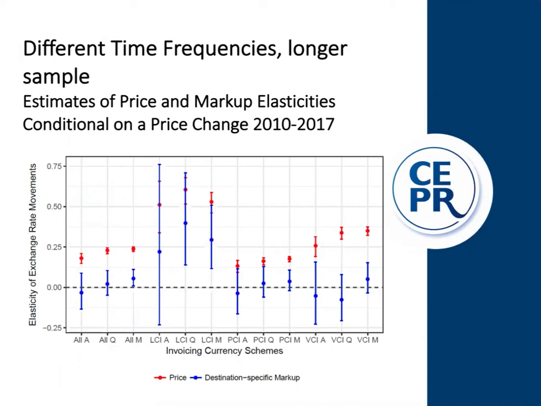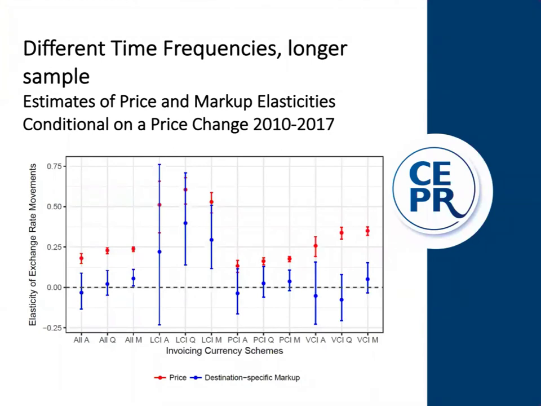Regardless of which frequency window we're using to look at pass-through into export prices and markup adjustments, what we see is that there is some adjustment of the export price when measured in sterling, but there's very little destination-specific adjustment of markups.